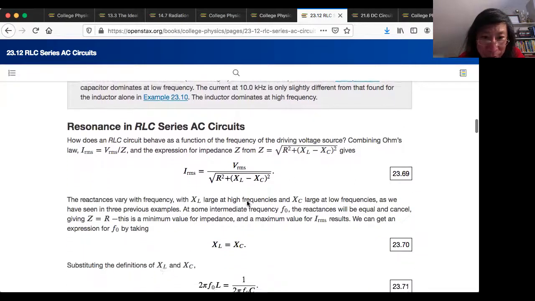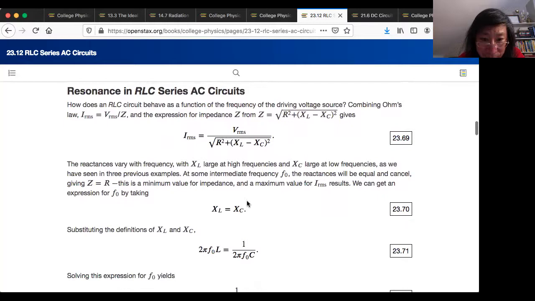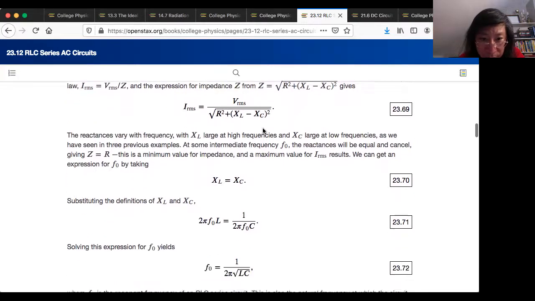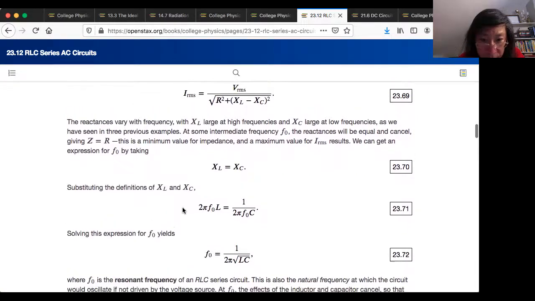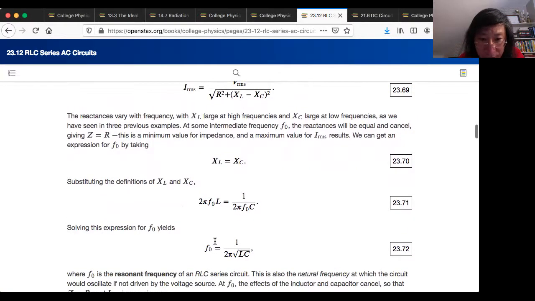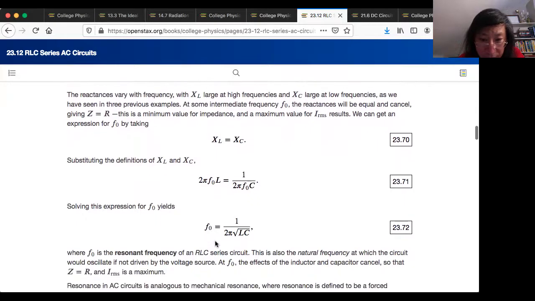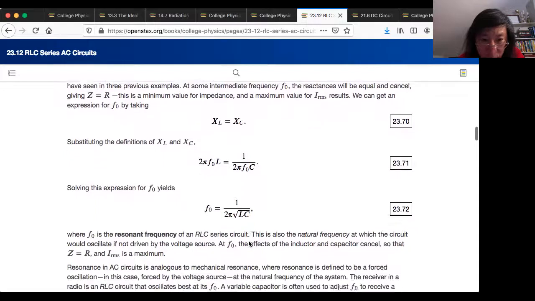Now, resonance. Here's something interesting. Look what happens. The voltage is driving back and forth, as you can see. But there's a certain frequency of a series circuit that has an inductor and a capacitor in it. What does that mean?